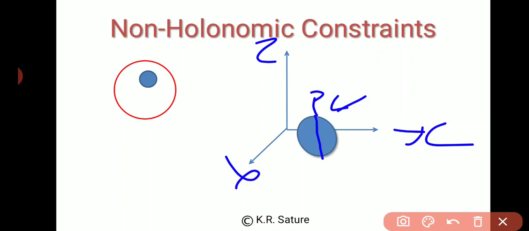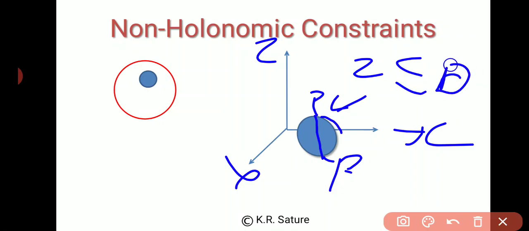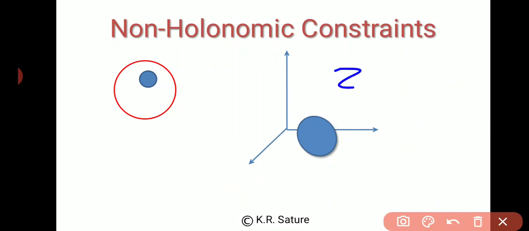But if this particle slides, then this point can come here or can come to the ground again. So the constraint equation for the particle is that z is always less than or equal to the diameter. Again, we cannot write this example as some function of coordinates equals to 0, and that's why this is a type of non-holonomic constraint.